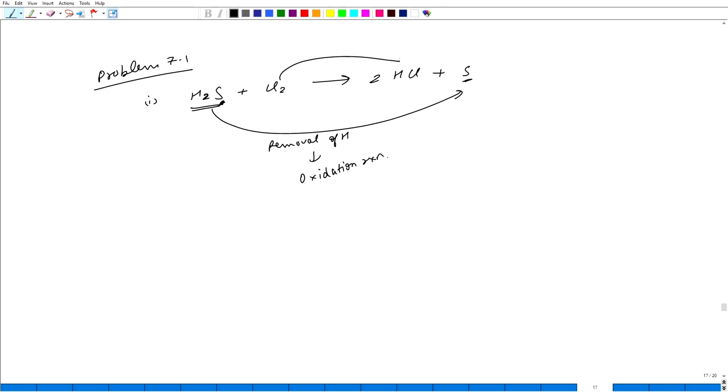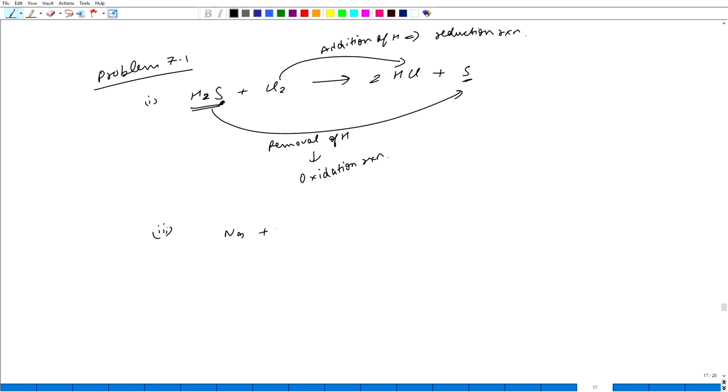In Cl2, hydrogen has been added, addition of hydrogen, a reduction reaction. You will find both oxidation and reduction in only one reaction. You just have to identify the species which is getting oxidized and which is getting reduced.